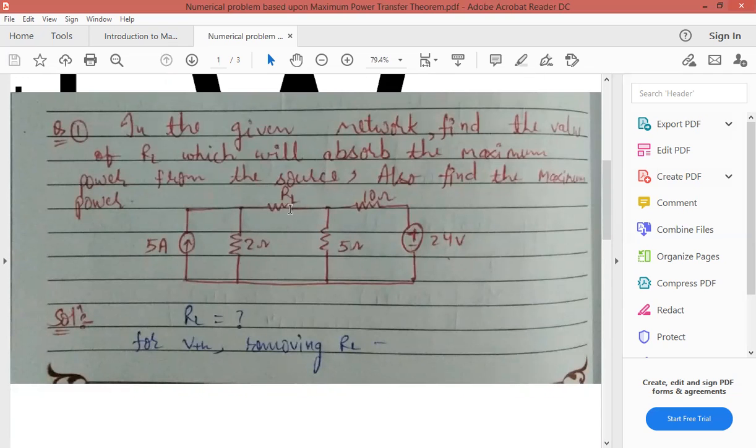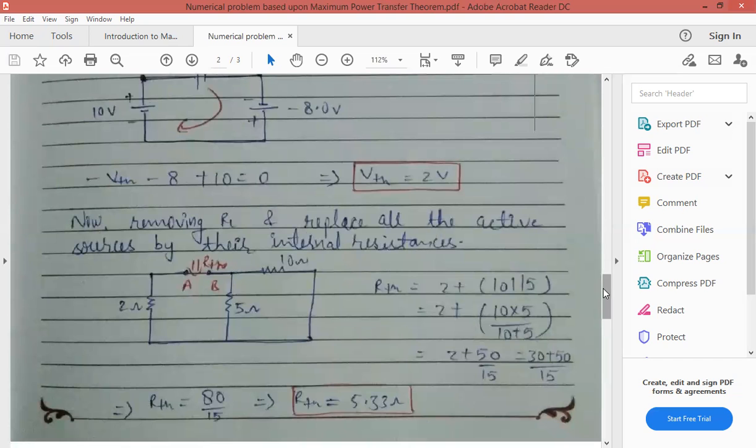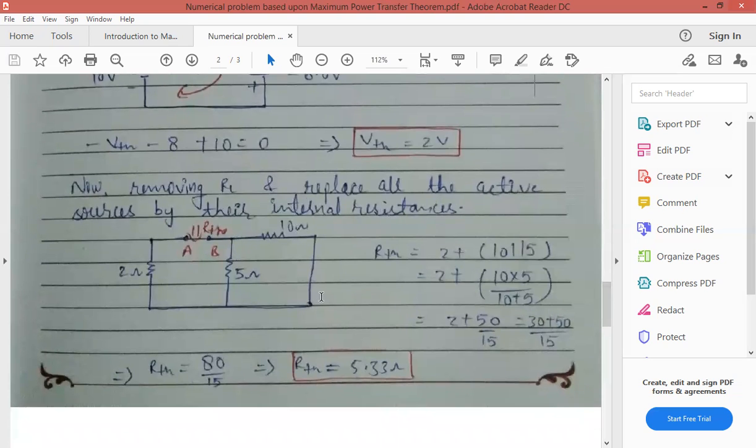In this circuit, we will remove RL firstly. After that, we will replace the 5 ampere current source and the 24 volt voltage source by their internal resistances. So the 5 ampere current source will be an open circuit and the 24 volt voltage source will be a short circuit. So our circuit will be this one.